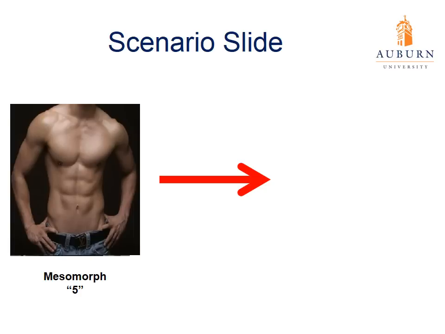Because it's the first body type that we see, our human tendency is to not rate towards the extremes, so we're less likely to rate a 7 or a 1, and more likely to rate someplace in between the extremes on our scale. And so maybe overall we get an average of 5.